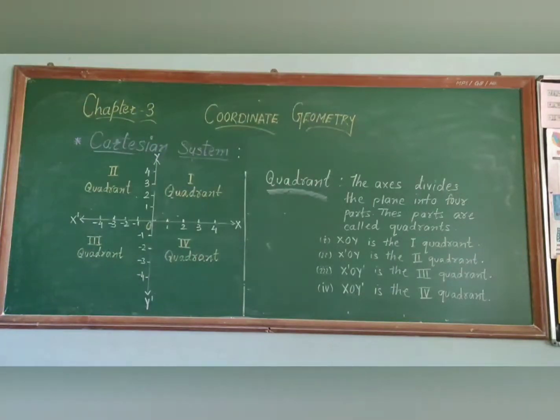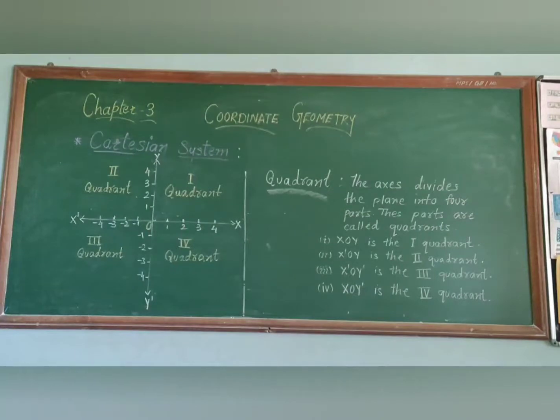So there are four quadrants in the Cartesian system. As we are using the x-axis and y-axis, this is called the xy plane, or you can call it the Cartesian plane, or the coordinate plane.